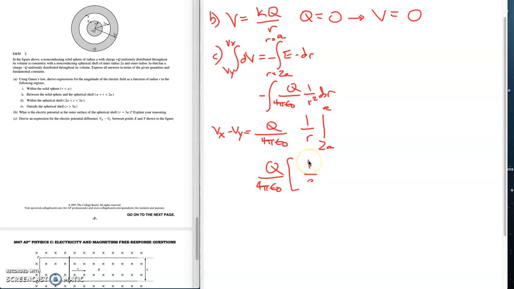And then we have 1 over a minus 1 over 2a. Cleaning this up a little bit, we have 2 over 2a minus 1 over 2a. So that'll be 1 over 2a. So the potential difference between x and y gets us q over 8 pi epsilon naught a.